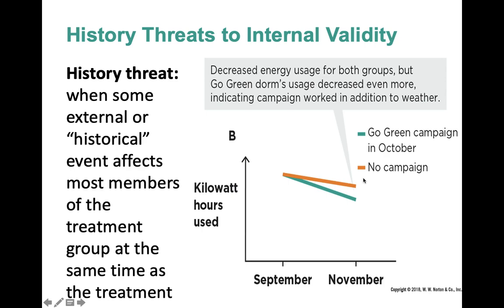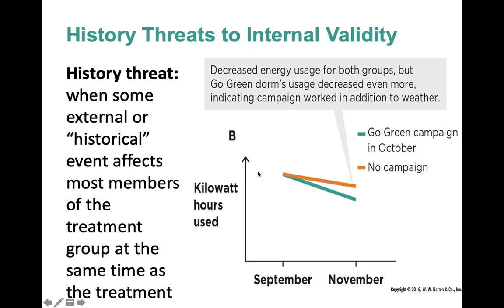Okay, here's a result that we would need to see in order to attribute a reduction in energy use to the Go Green campaign. Here, because we see that there's even less energy consumption than the control group, we have to attribute that there's something beyond just a change in weather.